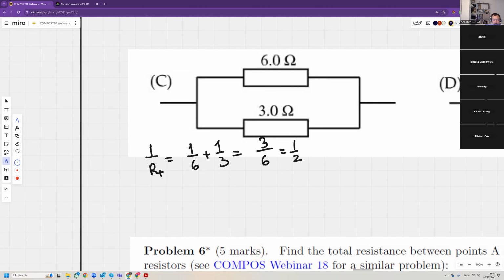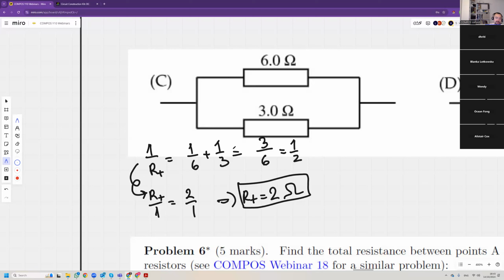But then this is 1 over R total. If you want R total over 1, you flip both sides. So you flip this over, bam, and you get 2 over 1, and that means R total is 2 ohms.